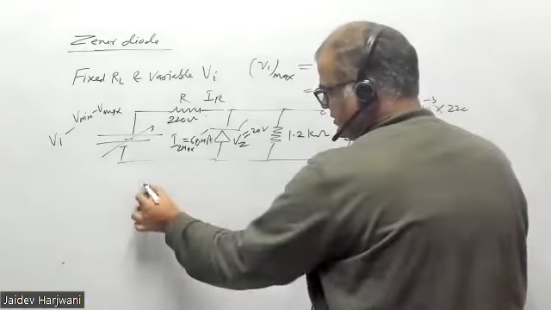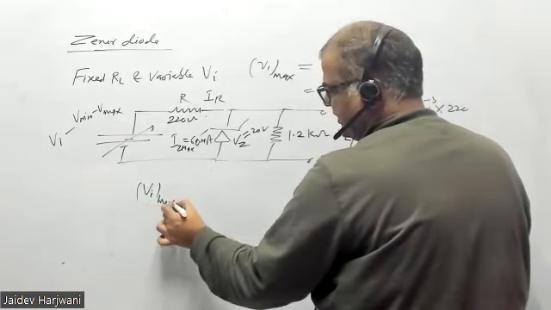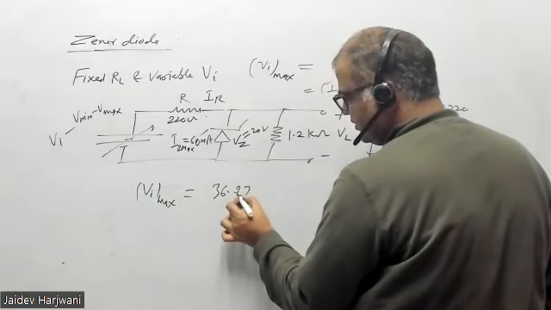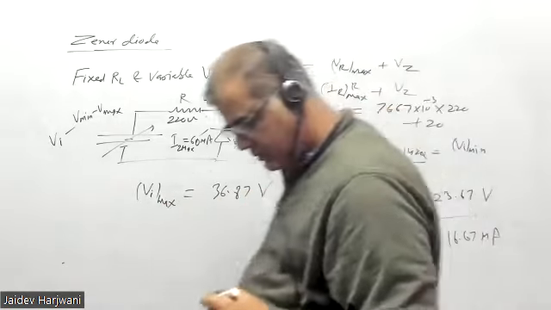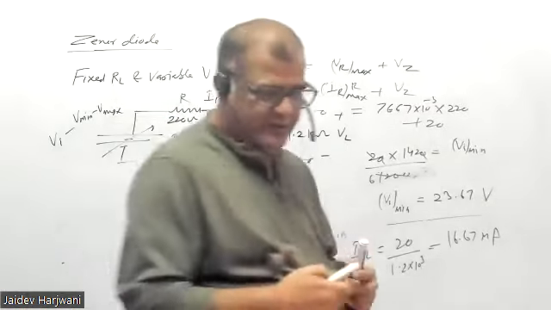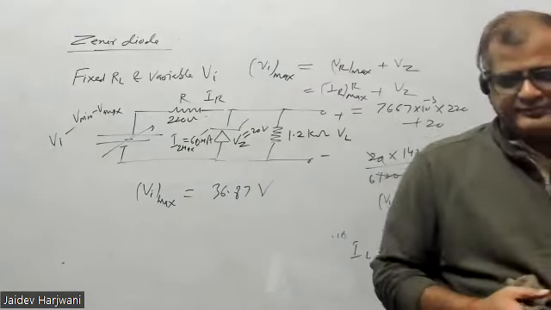VI max, what answer am I writing? It should come 36.87 volt. This is coming, sir.